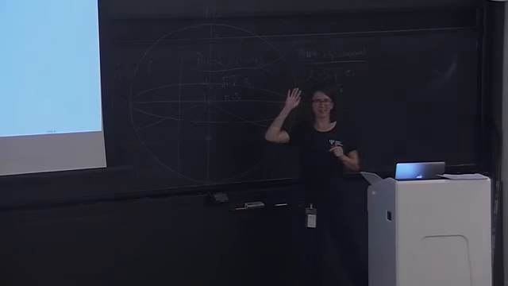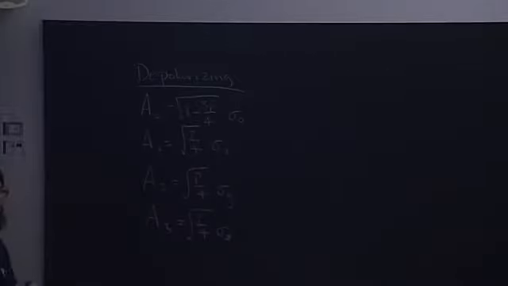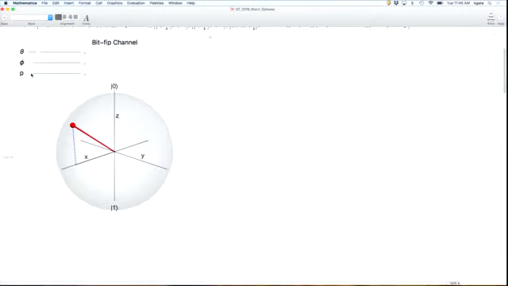Anyone? That's one. Okay, let's have a look. Turns out it just brings it to the x-axis. So it's not doing anything to the x component, but it's reducing the z component. So in that case, it doesn't actually take me to a completely mixed state.